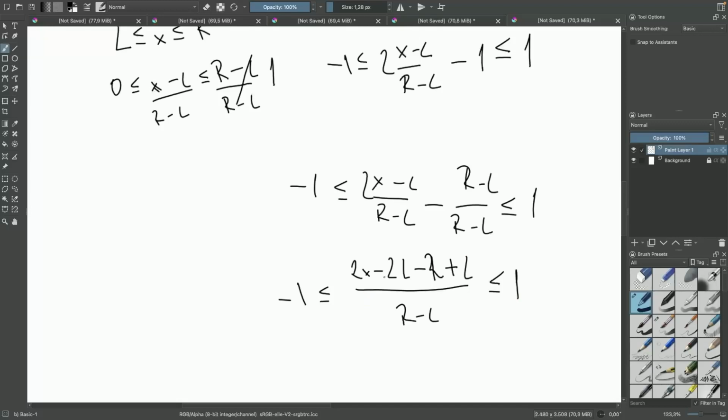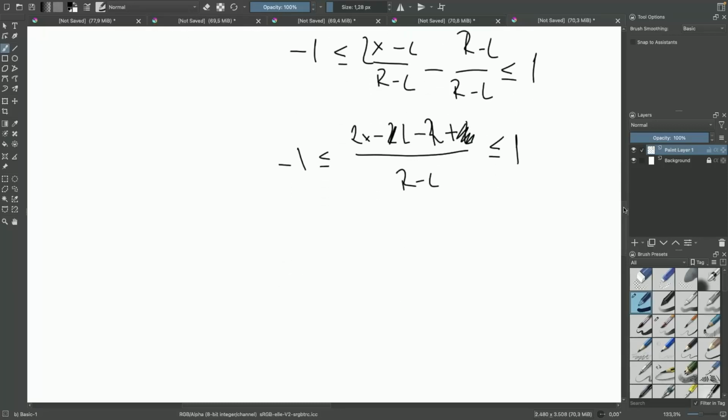So we can solve for that as well. 2L plus L is negative L, we're just left with L. So we can write it sort of like this. Let's just go further down. So we had -1. We can pull this 2x out.